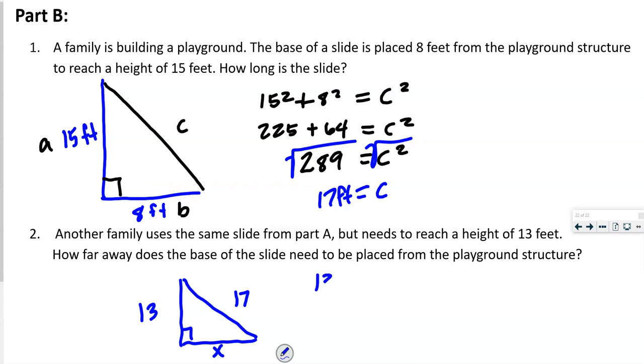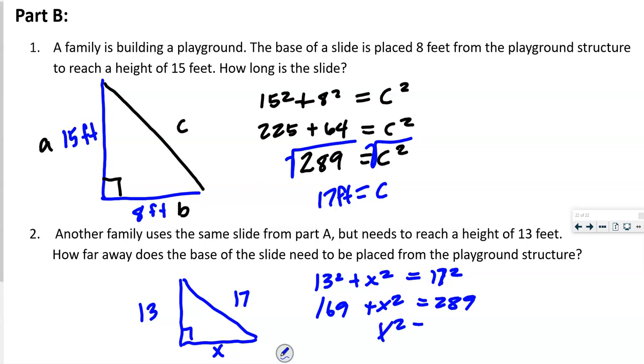So we're going to go 13 squared plus our x squared. That's going to equal our 17 squared, right? Okay, so that's going to be 169 plus x squared equals 289. So 289 minus 169 is going to be 120, so x squared is equal to 120, so we're going to take square root of both sides.